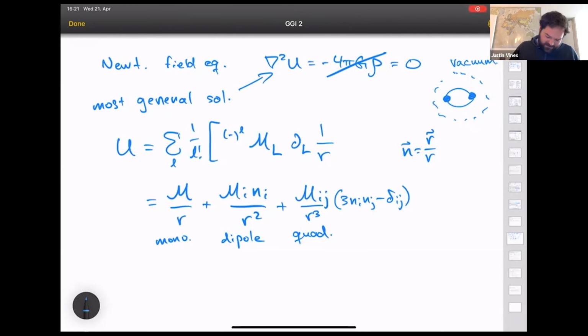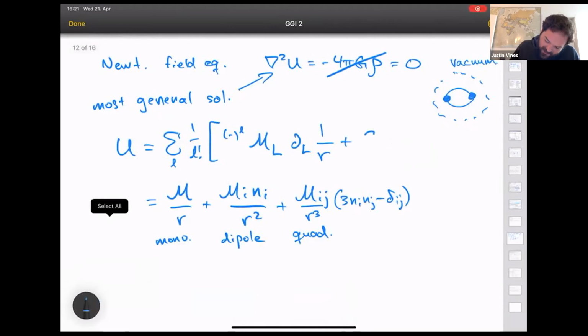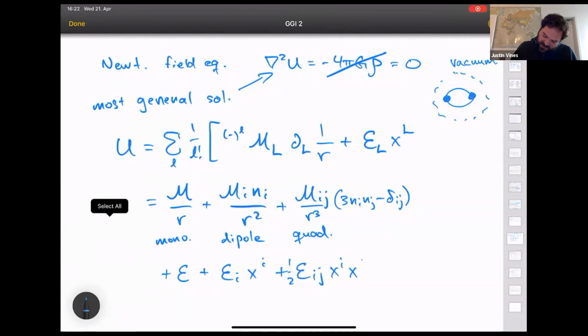That was one part of it. The second part was another set of tensors contracted with powers of x. What I mean by that is this, E_ij x^i x^j.